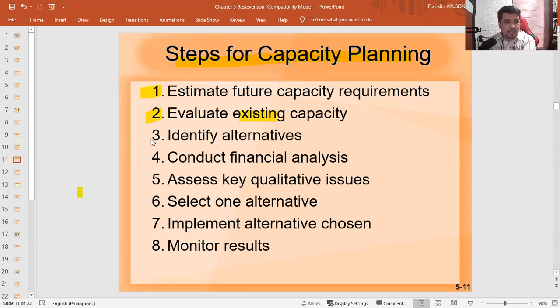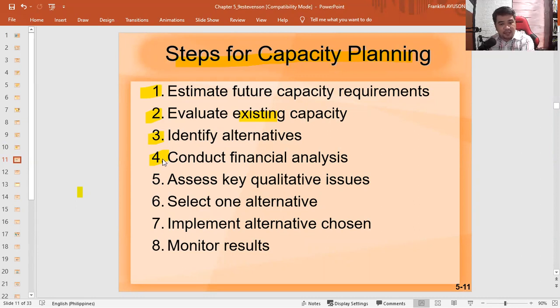With that, we also need to identify different alternatives that can be considered in our capacity planning, with regards to, as mentioned earlier, the capacity cushion. What are some adjustments that can be made? So these are alternatives. Conduct financial analysis, because you don't want our financial assets to be tied up with overstated capacity.